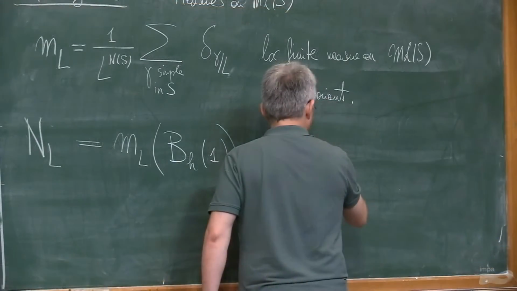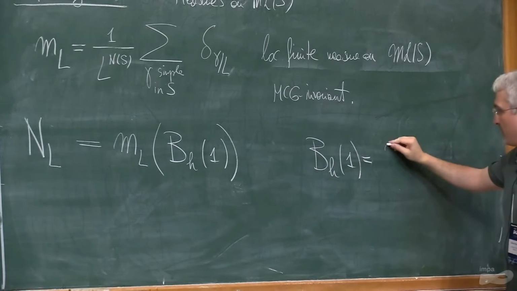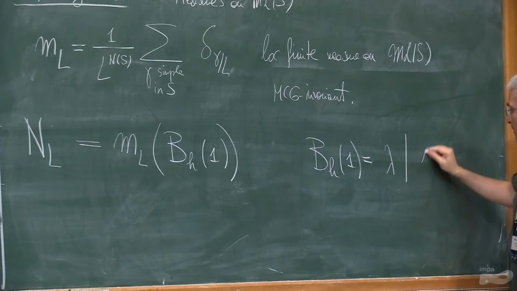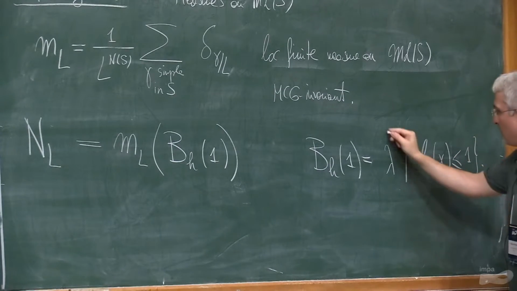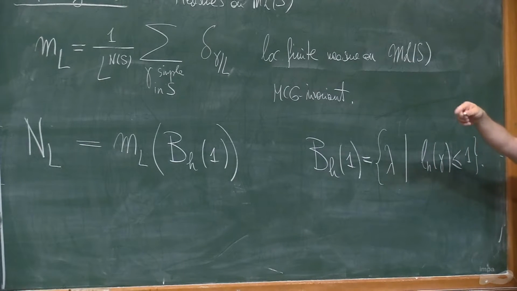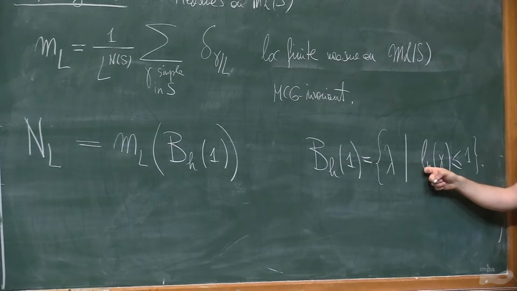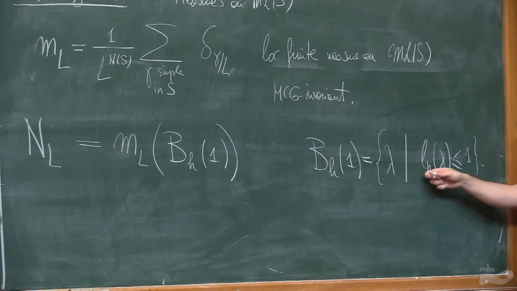So let me call it B_H(1). This is the set of laminations such that the length is at most 1. I didn't say we define the length of multicurves, but because that's the closure, the length function extends also to laminations. So one can define the measure of the lamination.